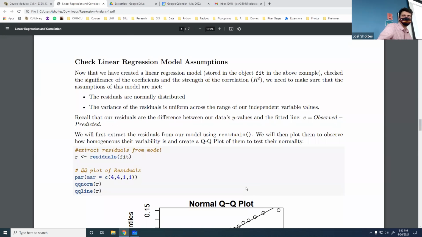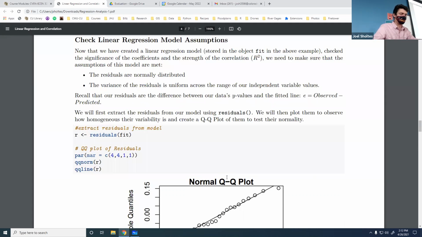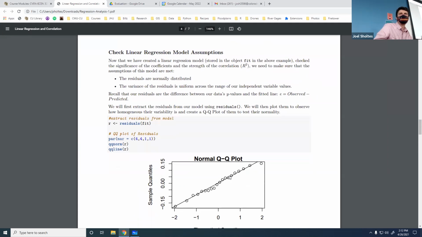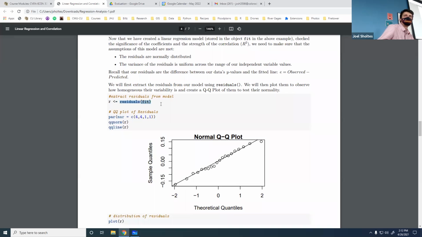So next time we will, actually no, we've got 3 more minutes. So I'll just talk about this really quickly. We can check our linear regression model assumptions. If we use the function residuals, that'll extract the residuals, which is just for a given x-y pair, the difference between that and your linear regression line, the vertical distance.